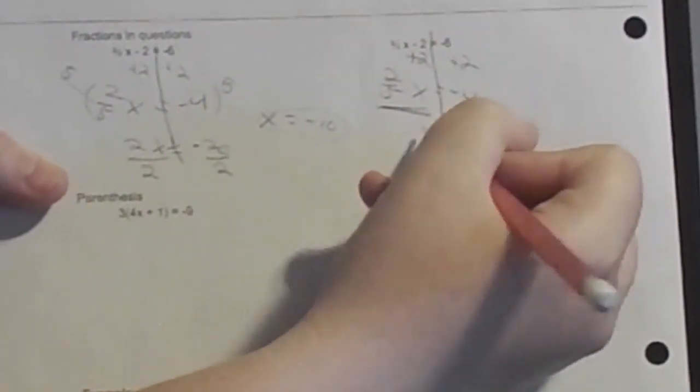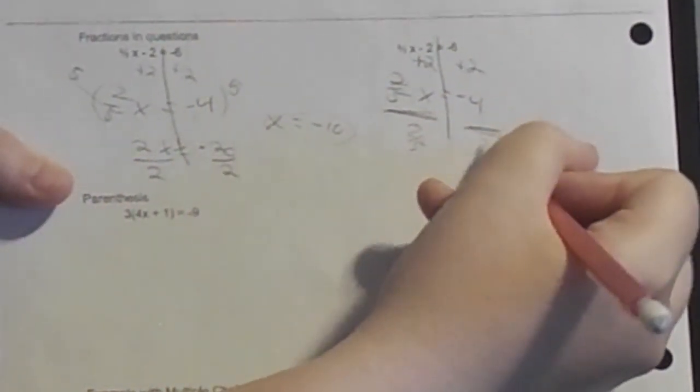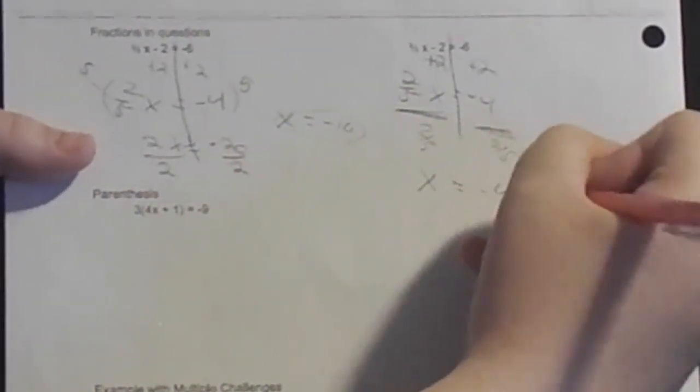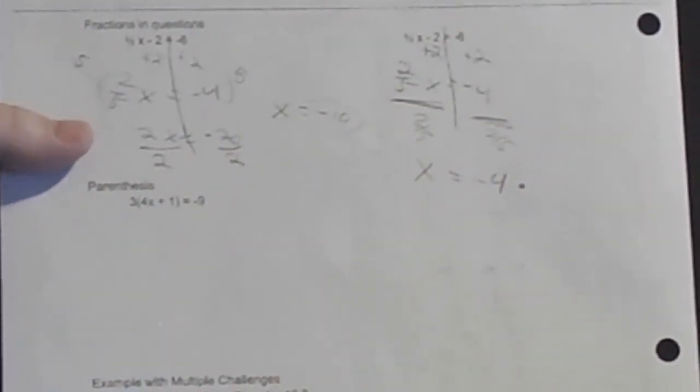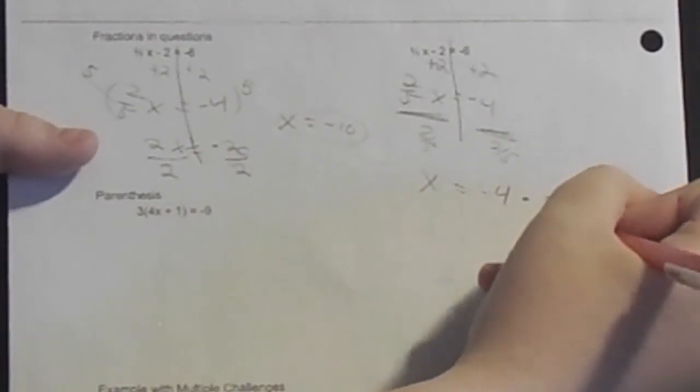And to undo multiplying, I'm going to divide my 2/5 away. So 2/5 divided by 2/5, it's the same on top and bottom, so it's just 1. And then to do -4 divided by 2/5, I do -4 times, because I changed my divide to a dot, copy, dot, and then flip that fraction.